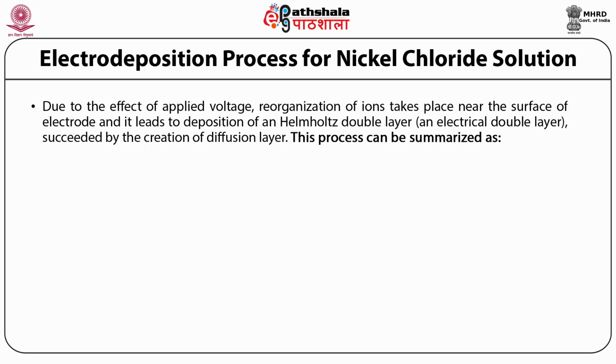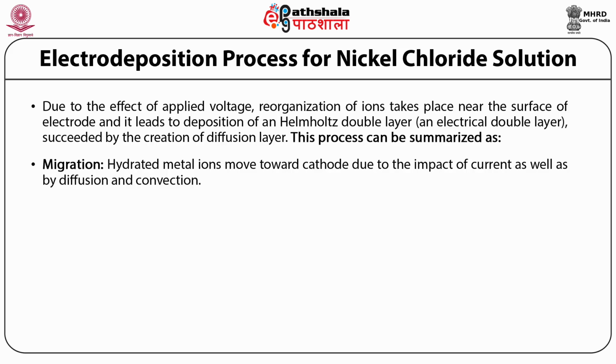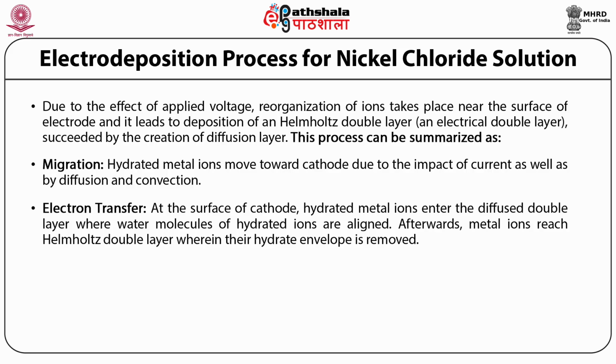This process can be summarized as follows. First is migration, that is, hydrated metal ions move towards the cathode due to the impact of current as well as by diffusion and convection. Secondly, electron transfer: at the surface of the cathode, hydrated metal ions enter the diffuse double layer where water molecules of hydrated ions are aligned.